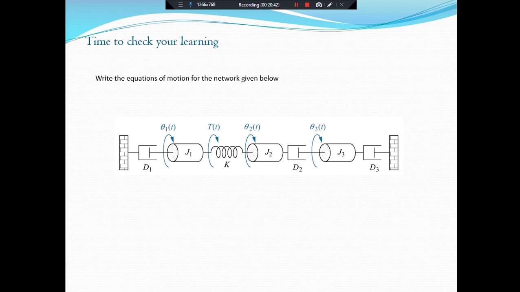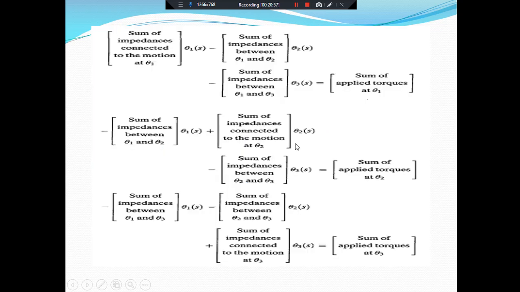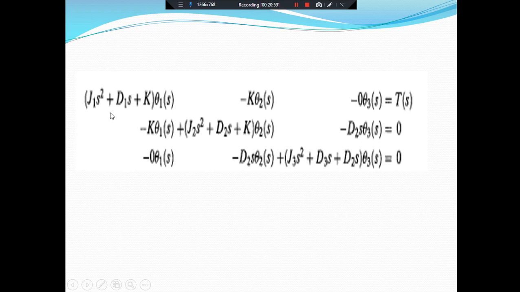Now, how many forces are connected? For the first equation, there will be 3 forces, and a common force between theta 1 and theta 2, and there will be zero common force between theta 1 and theta 3. Let me show you the equation. Yeah, here it comes.